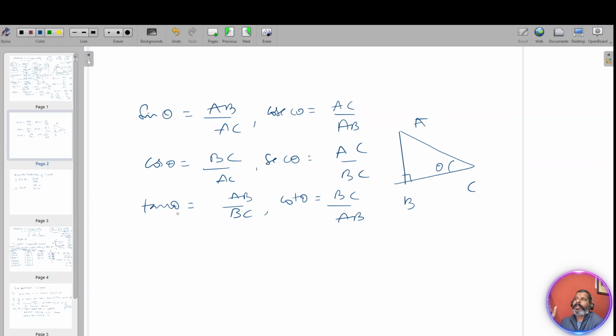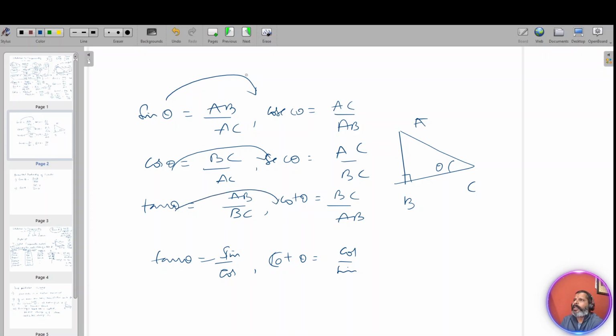Since we know sine and cosecant are reciprocals, we have three reciprocal relations. Sine is reciprocal of cosecant, cos is reciprocal of secant, tan is reciprocal of cot. And we have quotient relationships, that is tan is sine by cos, cot is cos by sine. These two are reciprocals, these two are reciprocals, these two are reciprocals.